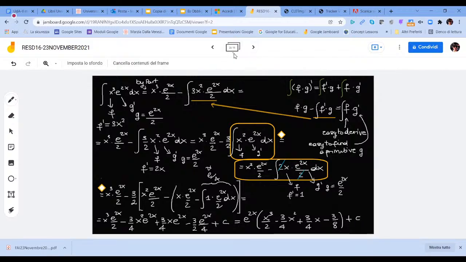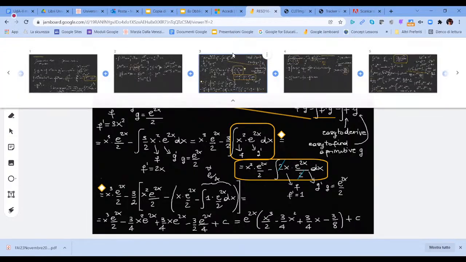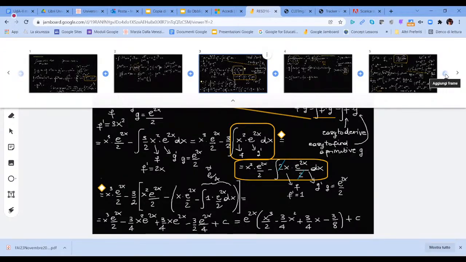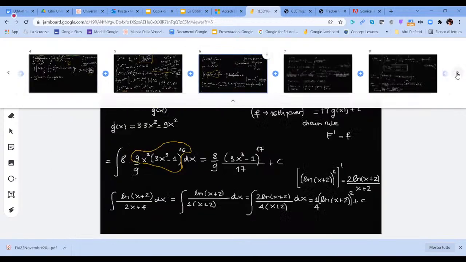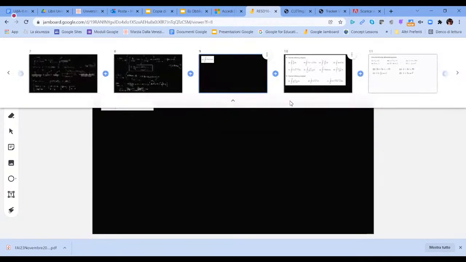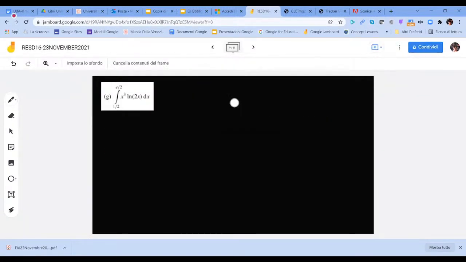In this case, it is the contrary, because as you know, logarithm of x or logarithm of something else is not easy to integrate because we don't know a primitive of the logarithm.